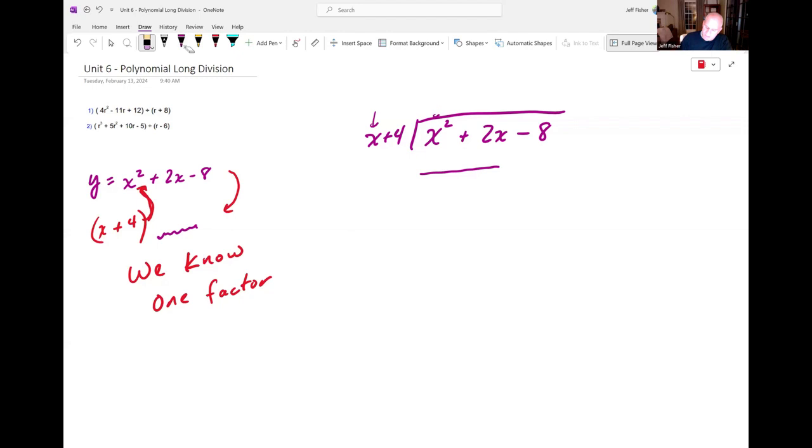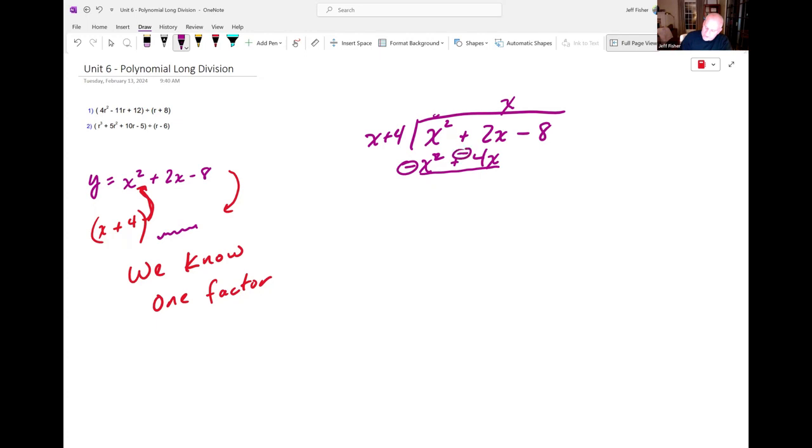Well, we have to multiply it by x, right? So I'm going to put that over here above the x term. X times x is x squared. And x times 4 is a positive 4x. Okay? Now we subtract them.